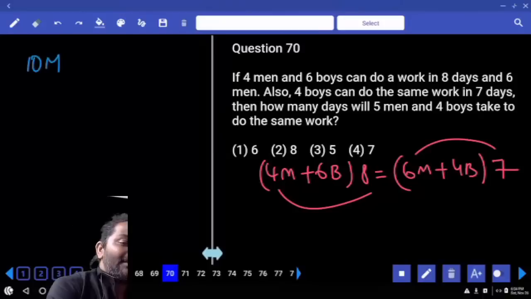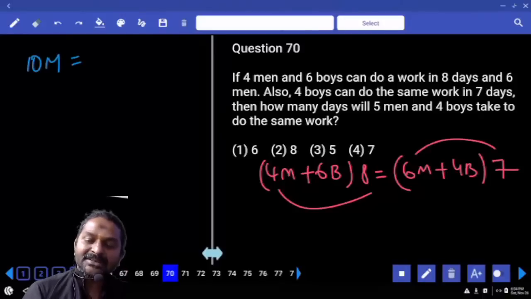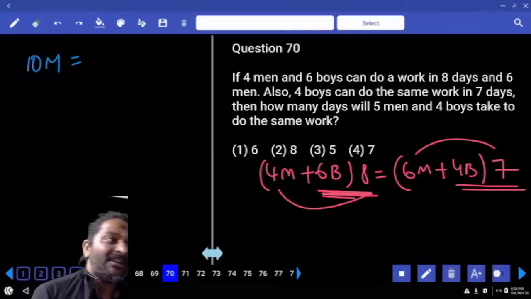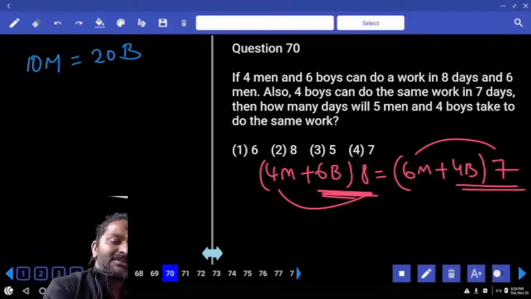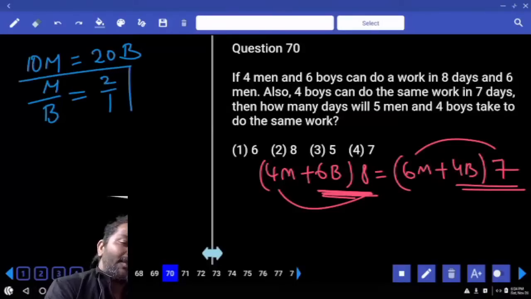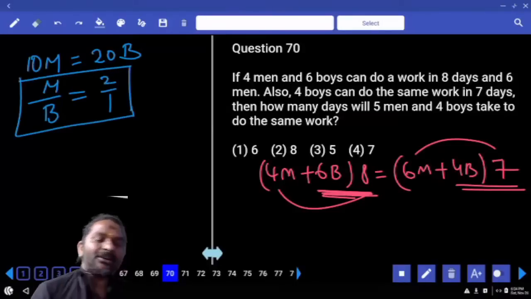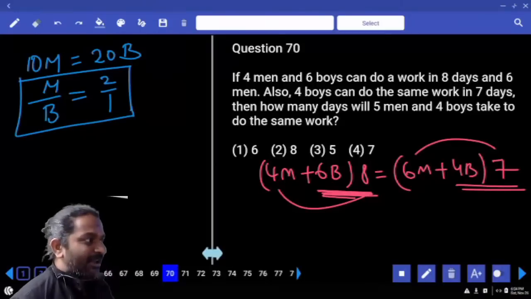Then we have 10 men is equal to boys. 6 into 8, 48. 4 into 7, 28. Take 28 to the left hand side. Then we will have 20 boys. From this m by b is equal to 20 by 10, which is equal to 2 by 1. Can I take men efficiency is equal to 2 parts and boy efficiency 1 part?